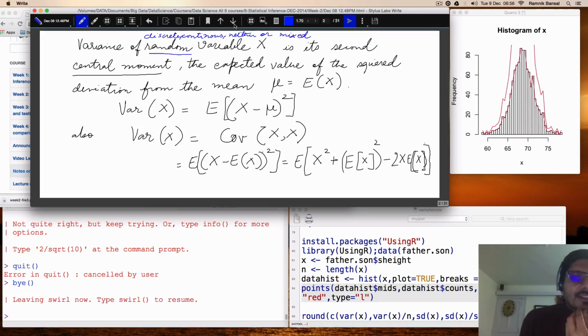Each individual in the classroom has an age. Is that a random variable? First of all, it is not a random variable. It is actually known, right?